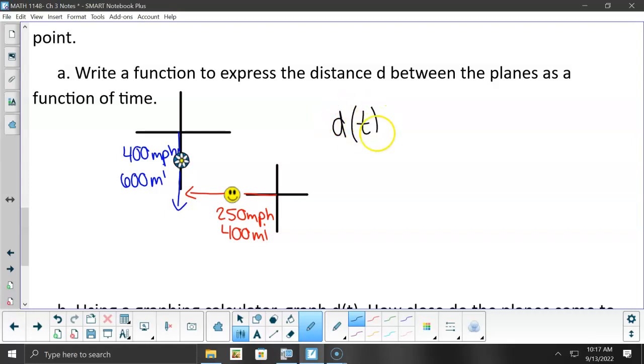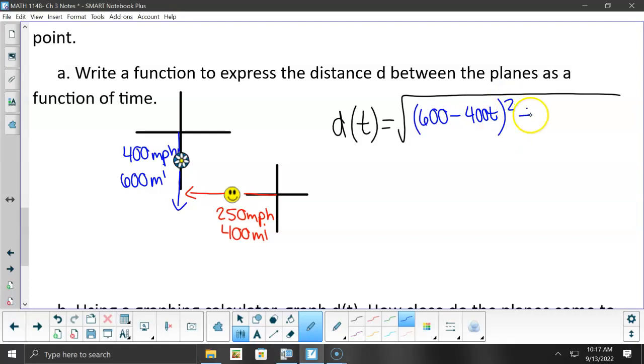Distance as a function of time equals horrible square root. For this one, it's easier to write it and then explain where I got everything from. If you notice, for my little blue plane, I did the 600 miles, that's the distance to our possible intersection point, minus how fast they're going times time.